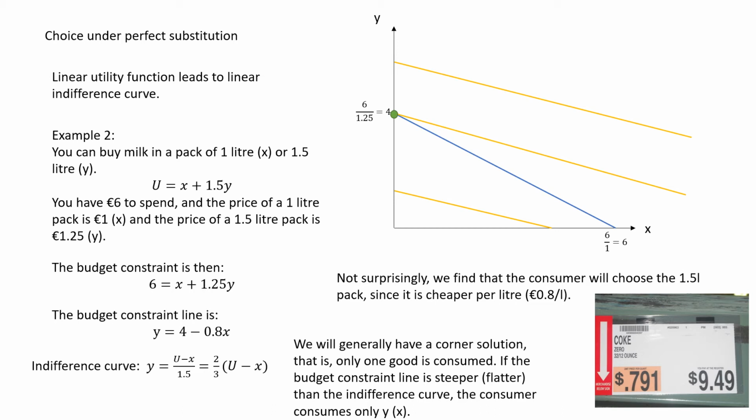So in general, we can say that if the budget constraint line is steeper than the indifference curve, then the consumer will only consume good Y. And if the budget constraint line is flatter than the indifference curve, the consumer will consume only good X. If, however, the budget constraint line and the indifference curve have the same slope, then any combination of X and Y will be optimal.